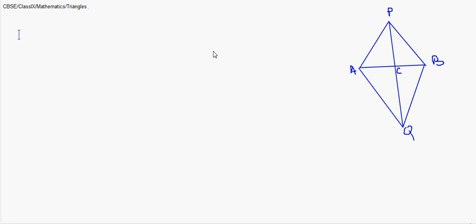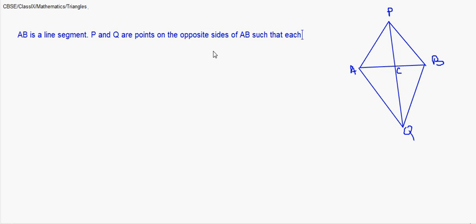The question says AB is a line segment. P and Q are points on the opposite sides of AB such that each of them is equidistant from the points A and B. You can see that in the figure.